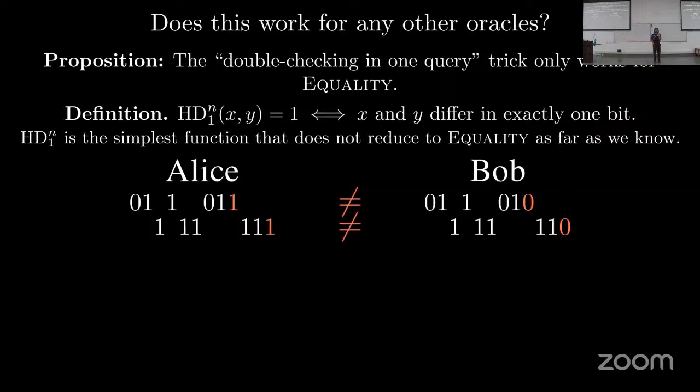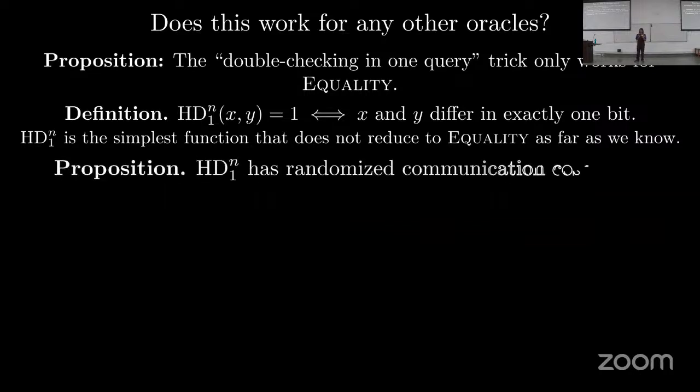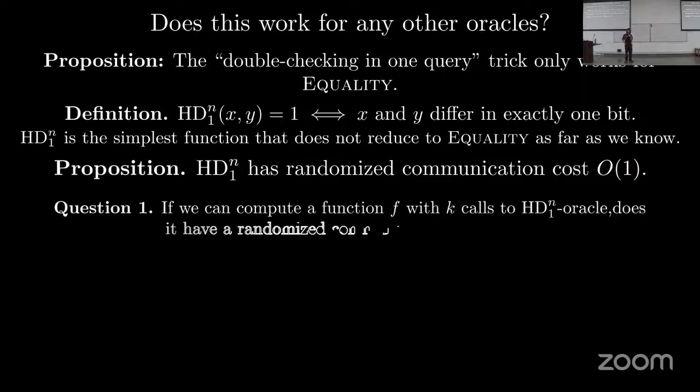So, where were we? We were trying to see if the Hamming distance 1 oracle has the same property of boosting as equality. We've proved that Hamming distance 1 has constant cost. So the question is: if we have a function computable with some number of Hamming distance 1 calls, can we do the same thing we did for equality and come up with a protocol with communication cost big O of k?